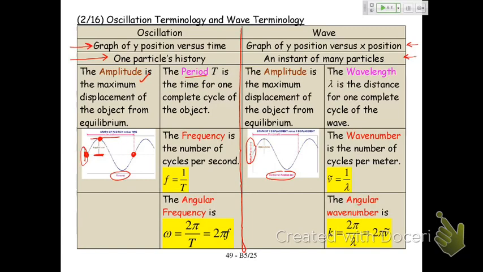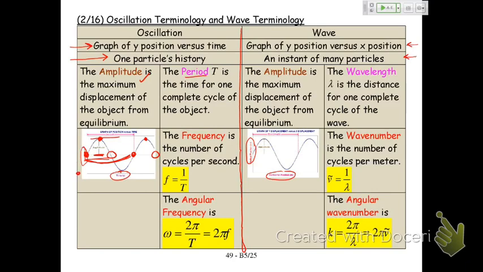It is, let's call it the maximum to the maximum, or the minimum to the minimum, or the zero going upwards to the zero going upwards, or the zero going downwards to the zero going downwards, but not the going upwards to the going downwards. That's a common mistake. People will say, that's the period, when it's not. The repeat is there. You've got to have the graph going in the same direction. That's period. Certain number of seconds.